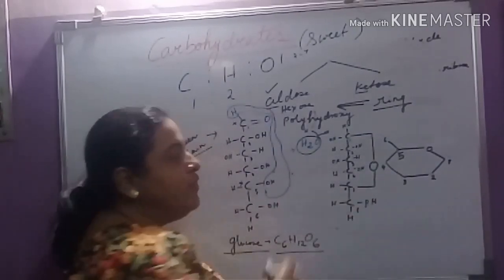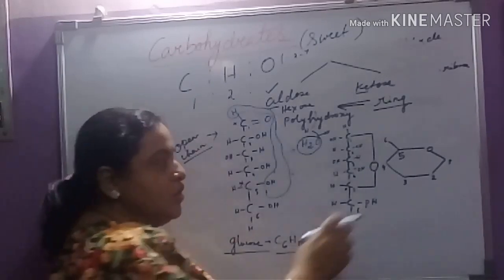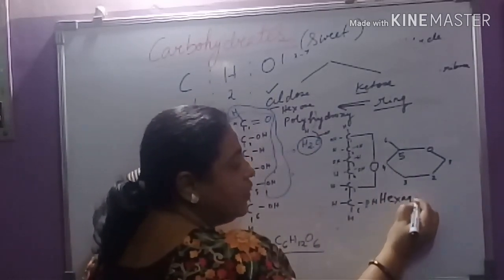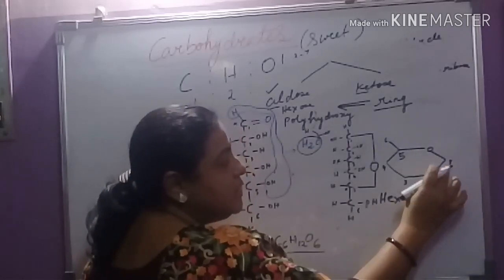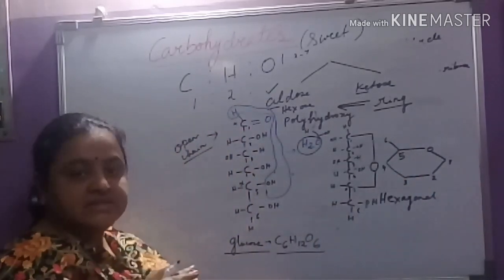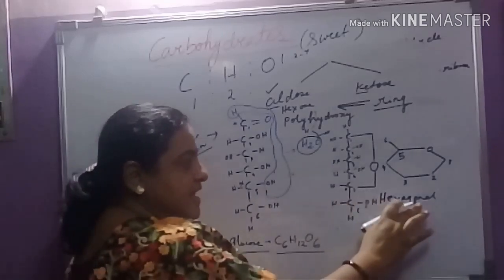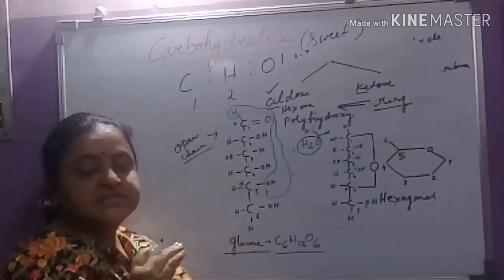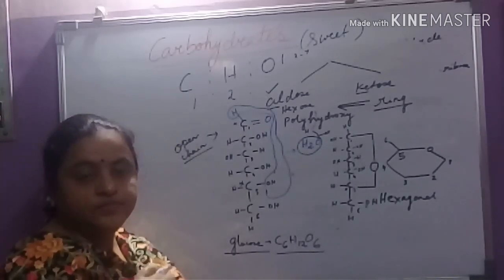Now if you look carefully into the ring, you see the ring is basically a hexagonal ring. Why hexagonal? Because there are 6 sides to it. And this hexagonal ring has an oxygen. So this is a heterocyclic ring.